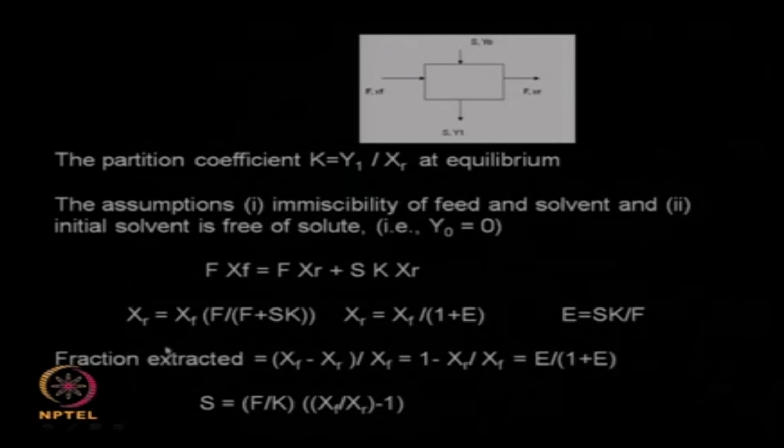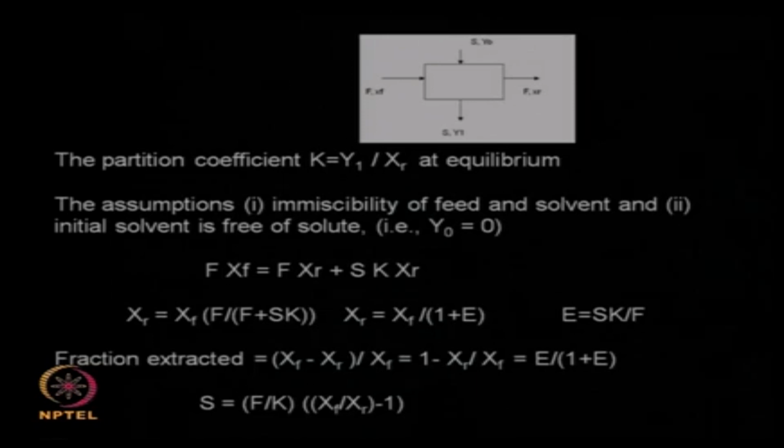So this is a very important equation, because when I have a liquid extraction, I would like to know, given a particular value of K, a particular value of the solvent flow rate, and a particular value of the feed flow rate or heavy flow rate, how much fraction can be extracted in the stage.